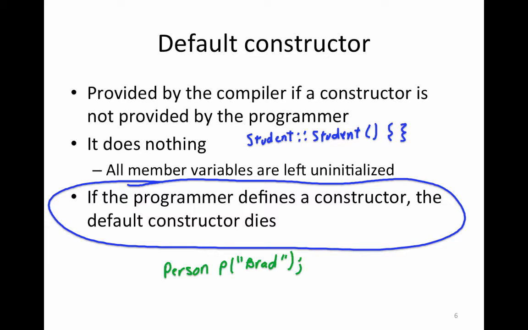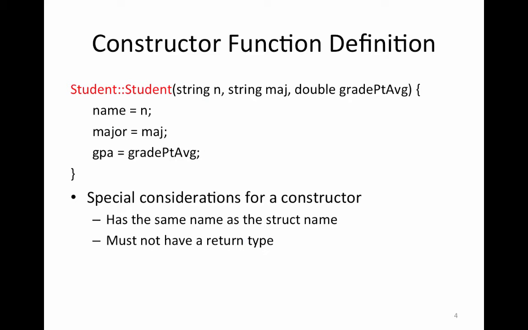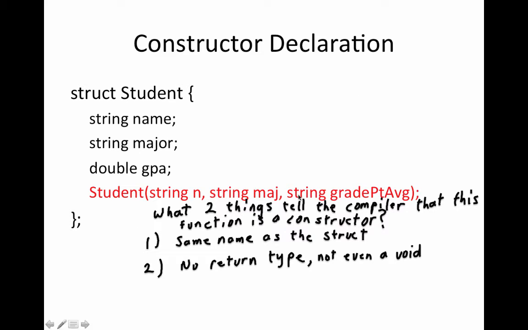Now, bad news is you're confused about when to use the colon. Inside the struct, so this is inside the struct where you're declaring the constructor, do not use the double colon. Inside the struct, it already knows that because it's inside the struct, it's in context.